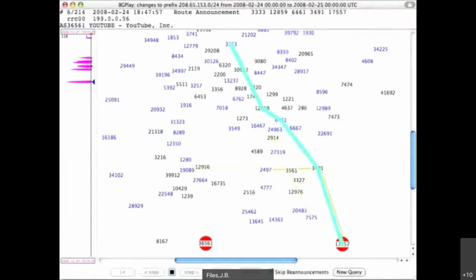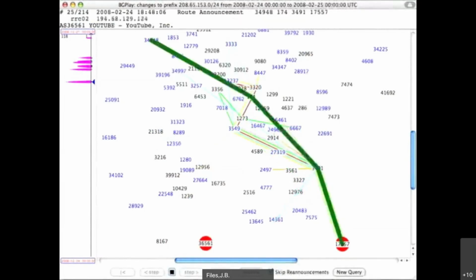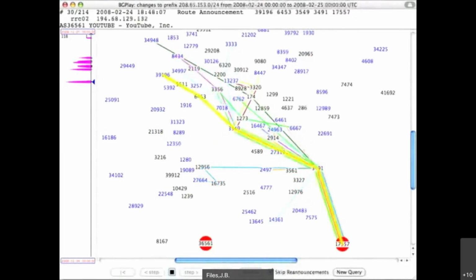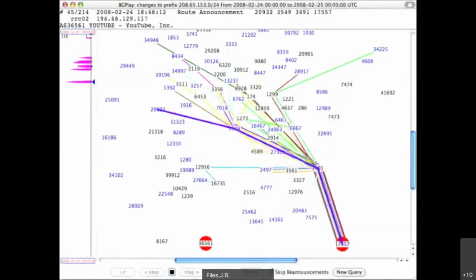The red circle at the bottom right represents Pakistan Telecom's autonomous system number 17557, and the red circle on the bottom left, the YouTube autonomous system 36561. On February 24th, at 1847 UTC, Pakistan Telecom started to originate a /24 covering address space assigned to YouTube. We can see that this route spread rapidly in the part of the internet observed by the RIPE NCC Routing Information Service.